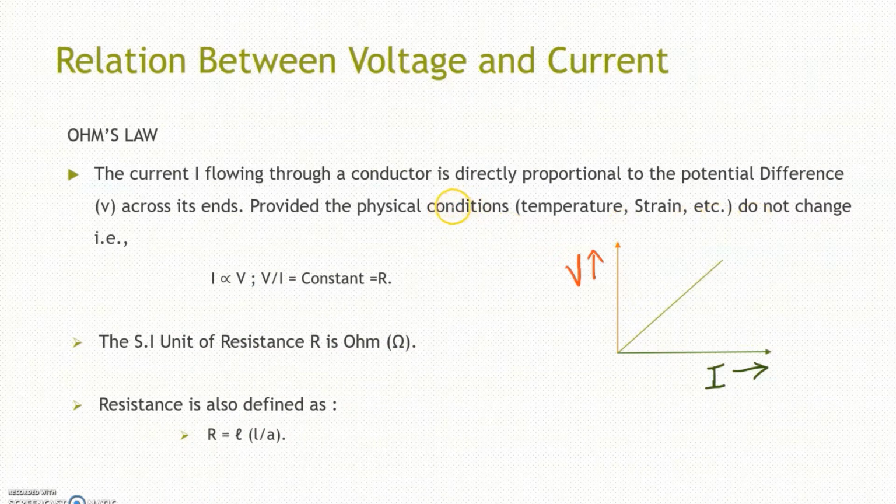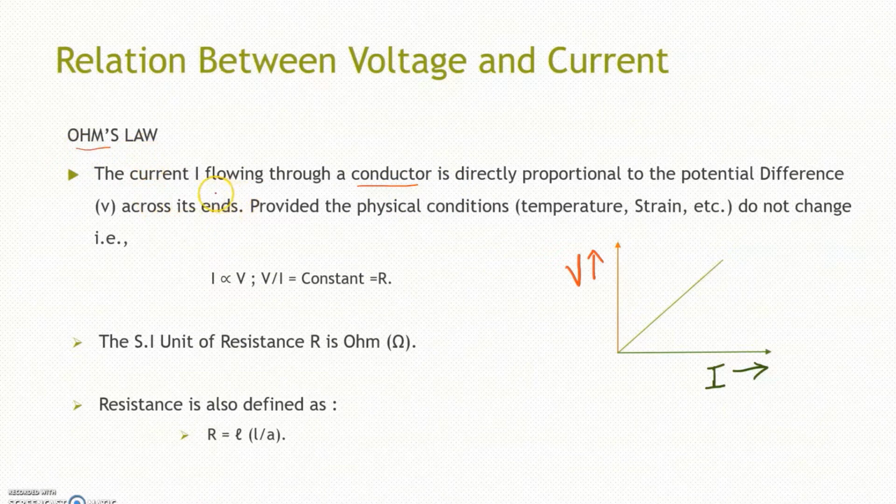From the previous slide, it is evident that the potential difference only makes the flow of charges in a conductor. So how can we relate the voltage and current parameters using a mathematical equation? So, Ohm's law.